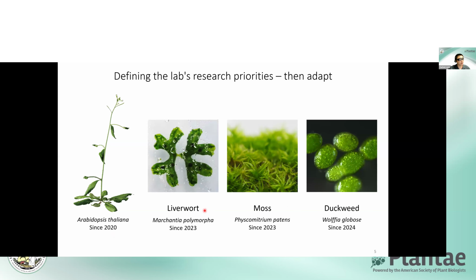For example, one postdoc came and convinced me that a liverwort, Marchantia polymorpha, is a great model to study mechanical and developmental regulations. Another lab member said, but I think Physcomitrium patens moss is the best model. And as the opportunity presented itself, I thought, why don't we just pick them up on the way and see what we can do.